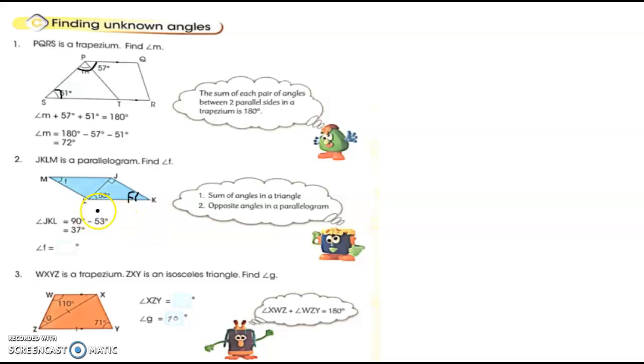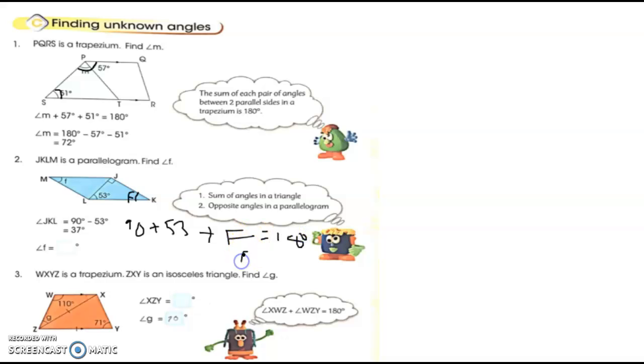So it will be equal to, for example, we said that it's 90 plus 53 plus capital F, and we say this capital F is equal to 180.